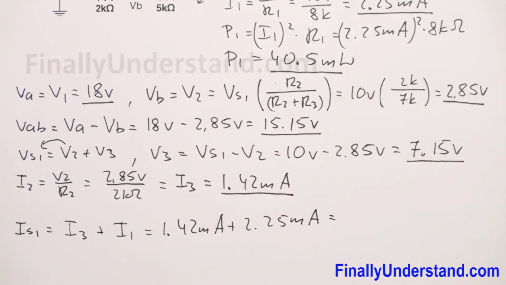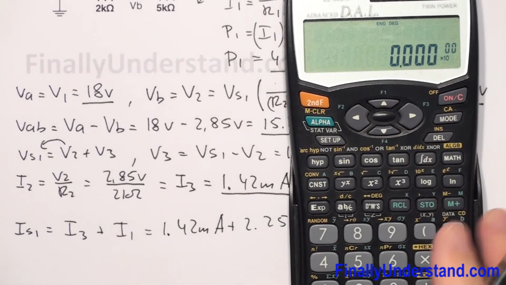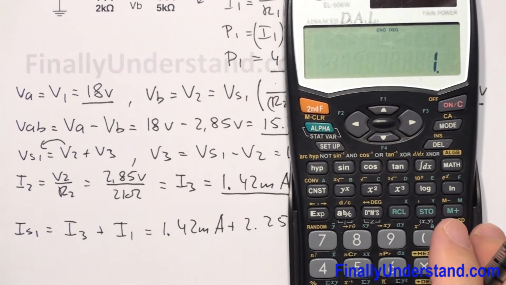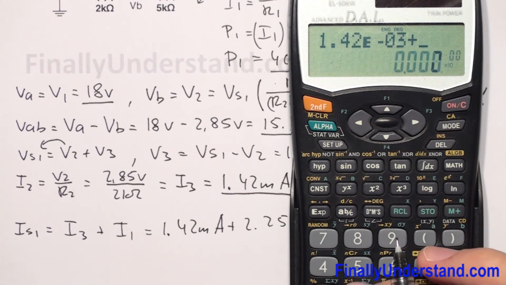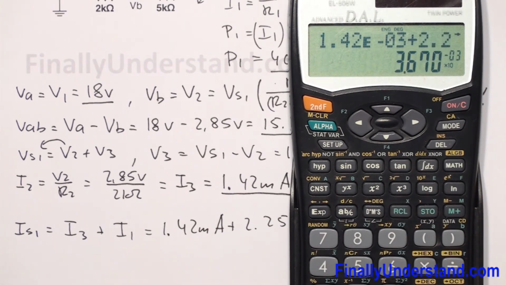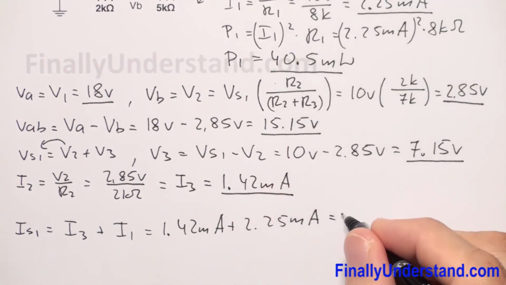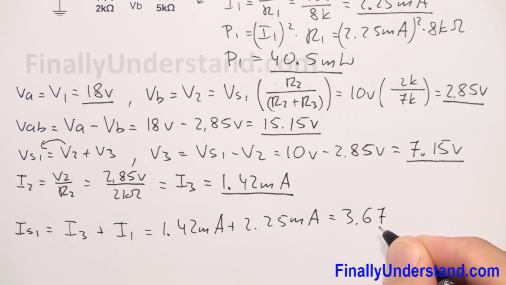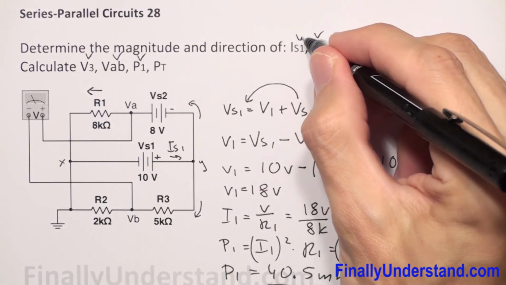So this is equal 1.42 times 10 to the negative 3 plus 2.25 times 10 to the negative 3. This is equal 3.67 milliamps. Okay, so we found the currents.